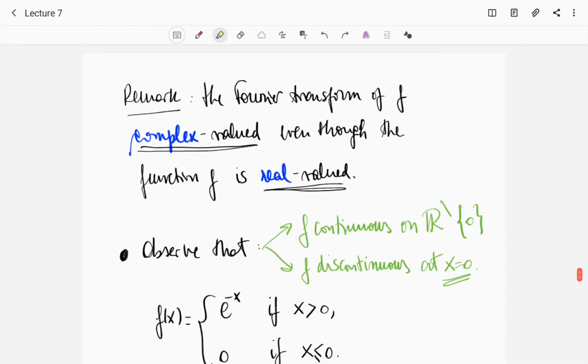Then another remark. The Fourier transform of f is complex valued, even though the function f is real.